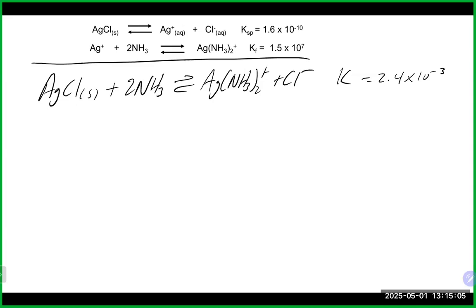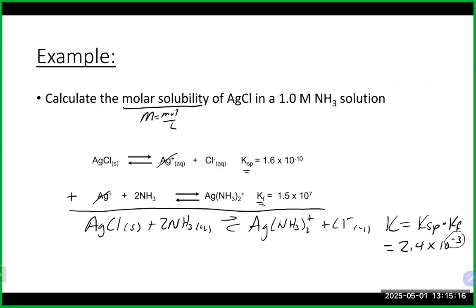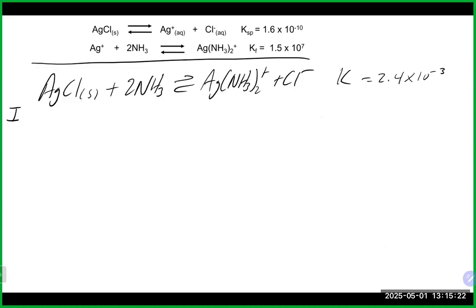So in this particular case, we're going to do a similar ice table to what we do with solubility. And here we do have one piece of information given to us, which was the molarity of the ammonia. So we do know the molarity of the ammonia is 1. So we actually do have an initial concentration here on the left. The rest of it's going to be very similar to a KSP table.